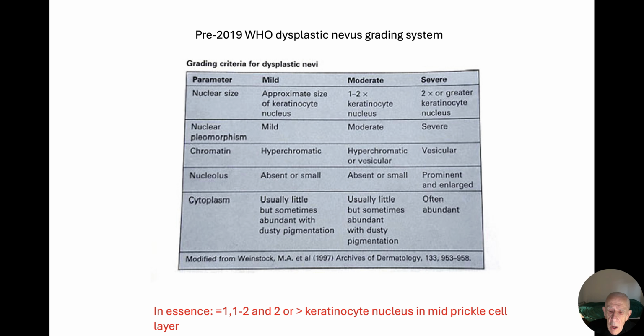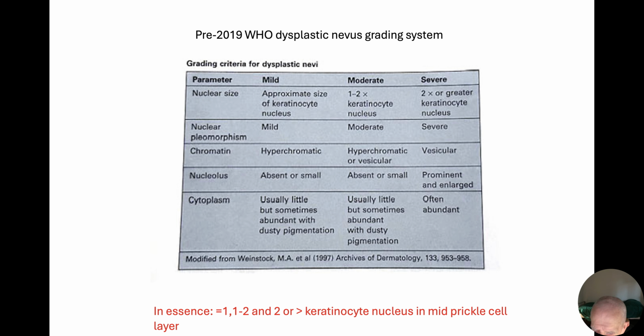Now, it took a long time for people to go along with the grading system of mild, moderate, and severe. I remember when I was in the UK, people didn't grade dysplastic nevi at all. They were very resistant to that.